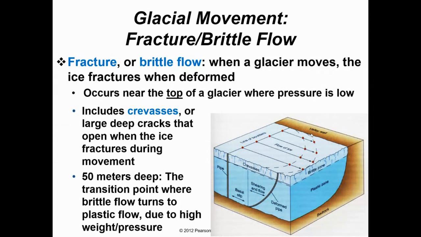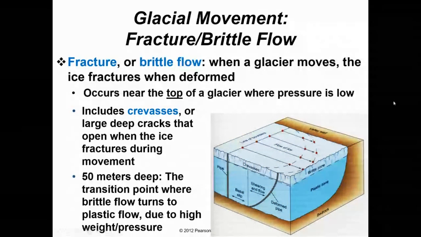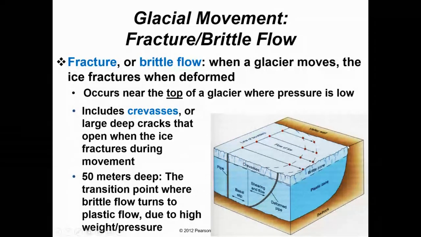Now, what's happening there is actually not that difficult to understand, because we looked at this concept when we talked about streams, where the banks of the stream and the bottom provide friction, and friction slows down the adjacent water next to it. Same concept here, where we have the rock walls of the valley, and the outside and the bottom of the glacier are in direct contact with those rock walls.